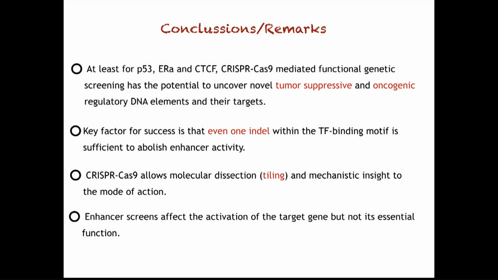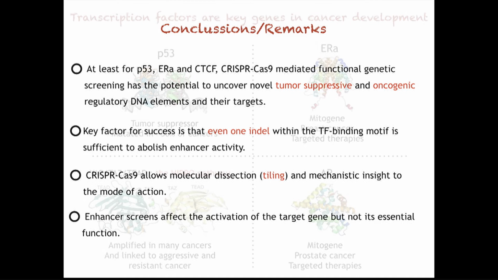And that can be very important in certain cases because if the gene is essential and knockout or knockdown of the gene affects cell viability, then it's not possible to identify this gene in any of the screens you may think of. However, if we just affect the activation, we can get the phenotype that we really want. I'll show you an example of that.